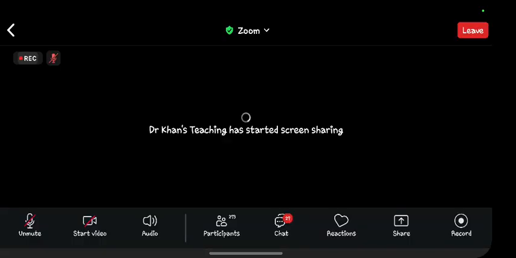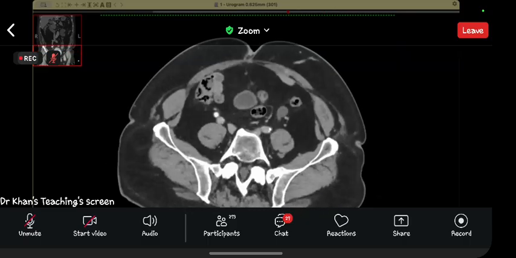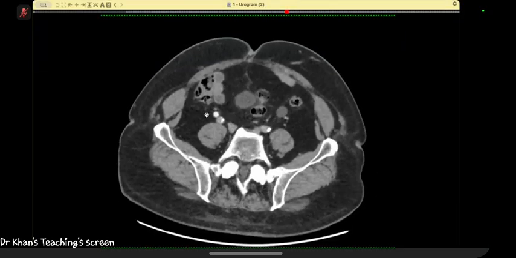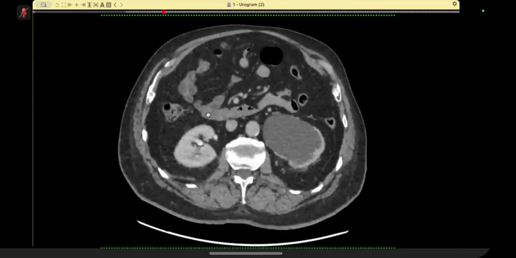So candidate 5, let me show you a case. What happened was that this case presented with incidental gross hydronephrosis on the left side.